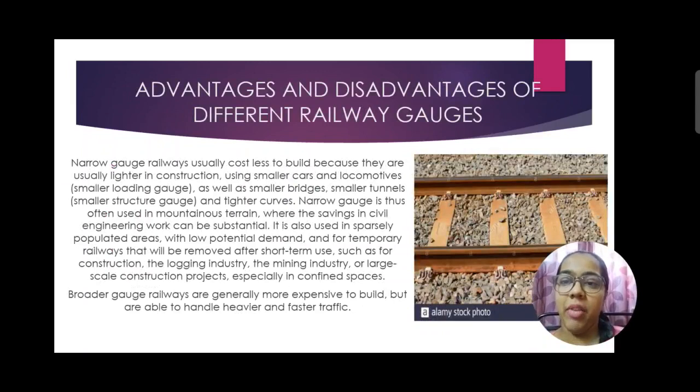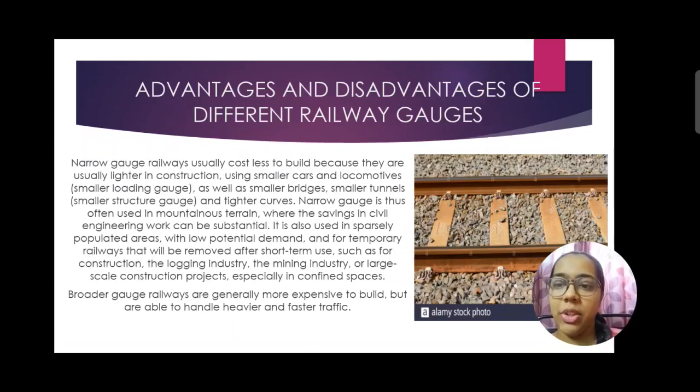Now, the advantages and disadvantages of different railway gauges. Narrow gauge railways usually cost less to build because they are usually lighter in construction, using smaller cars and locomotives as well as smaller bridges, smaller tunnels, and tighter curves. Narrow gauge is thus often used in mountainous terrain, where the savings in civil engineering work can be substantial.